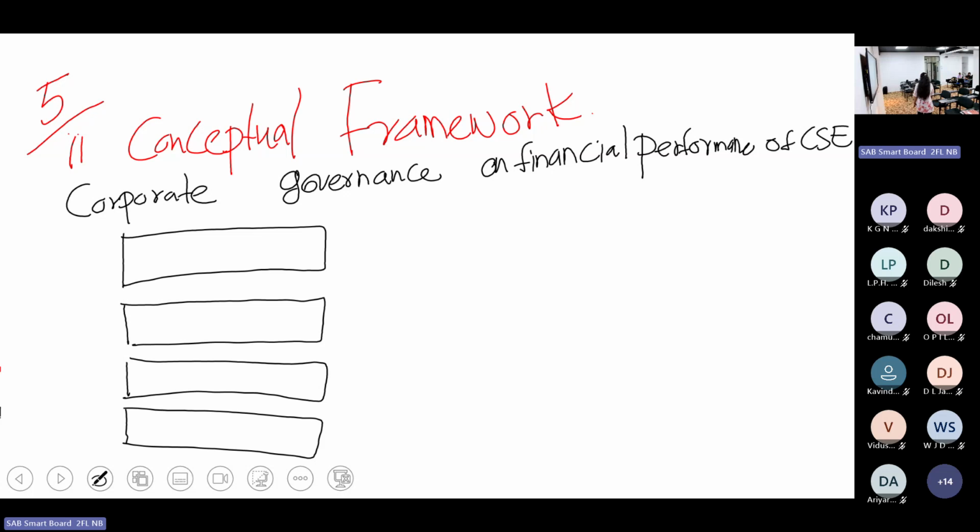That's a must. What are the independent variables? Board size, board independence, all of these are given in your examination paper.